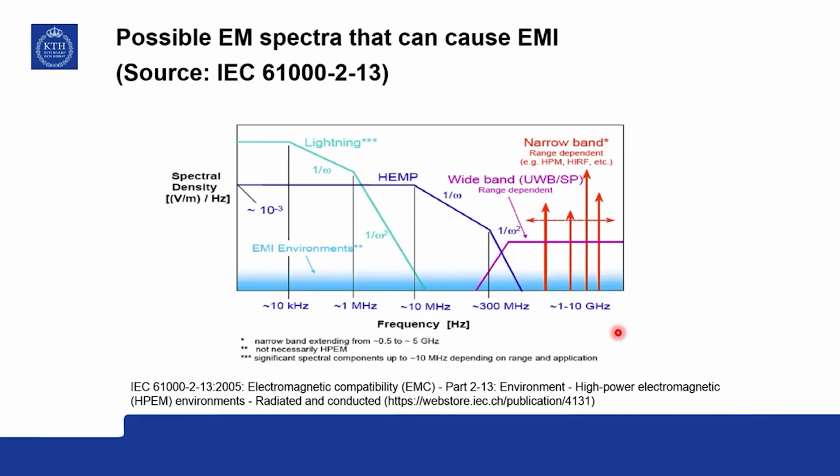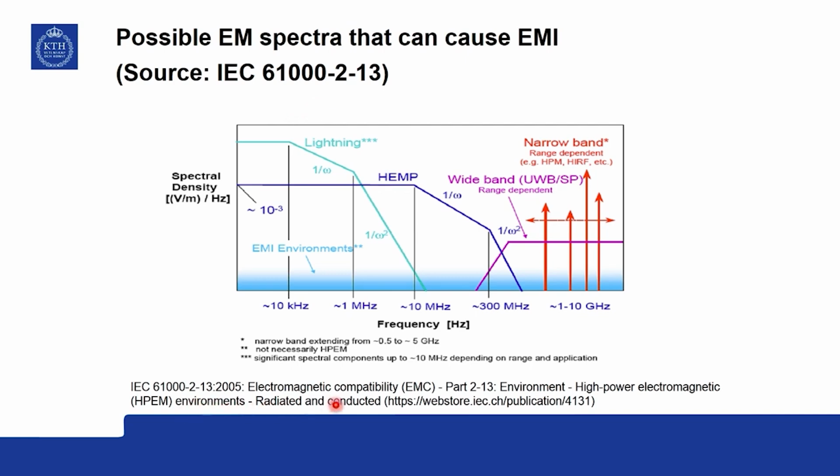Now, what could be the possible spectra that can cause EMI? In fact, it can be any known spectra of radio frequencies and low frequency waves. This graph is taken from the International Electrotechnical Commission standard 61000.